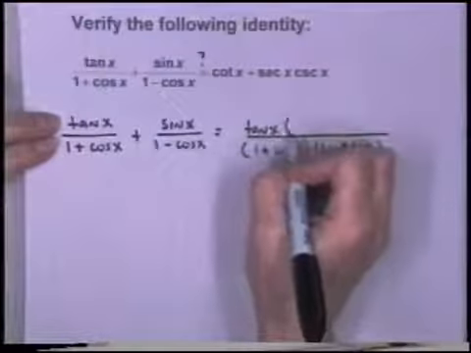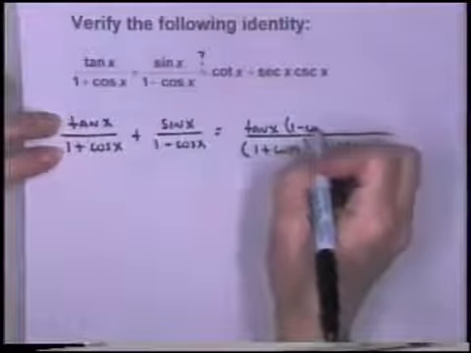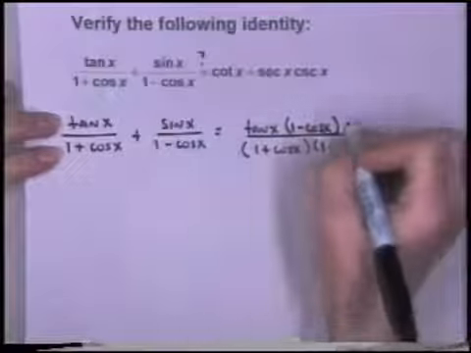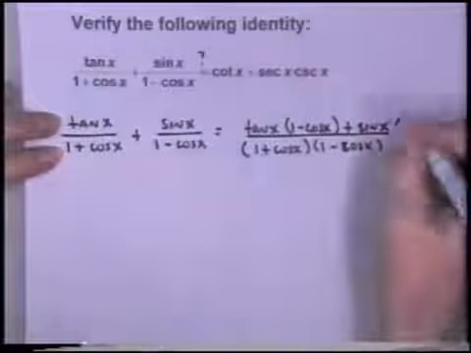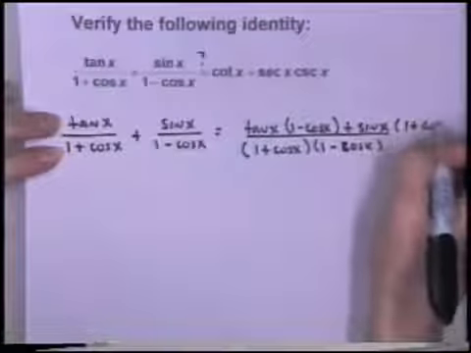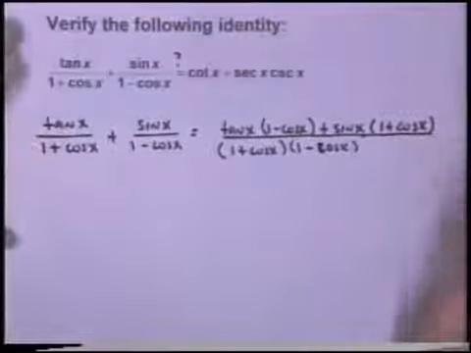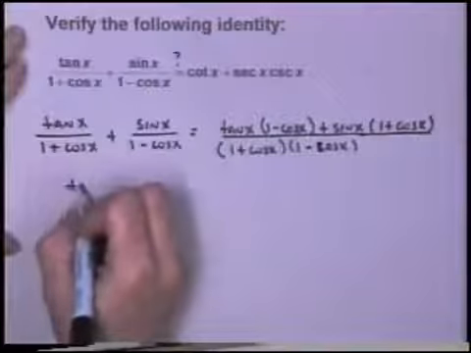So let's see, my tangent function up here will need to be multiplied by this factor of 1 minus cosine x, plus my sine x, then this second fraction will need to be multiplied by the factor 1 plus cosine x. Okay, can you see that? All right, let me come back over here.